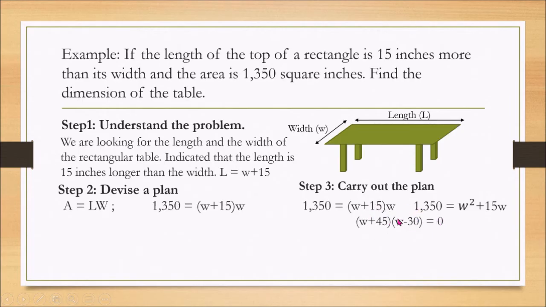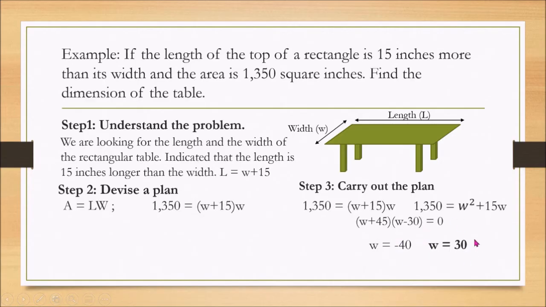This is our factored quadratic equation. Now if we find the roots of W, you have W equals negative 45. Sorry, this is 45, not 40. Another root of W will be 30.